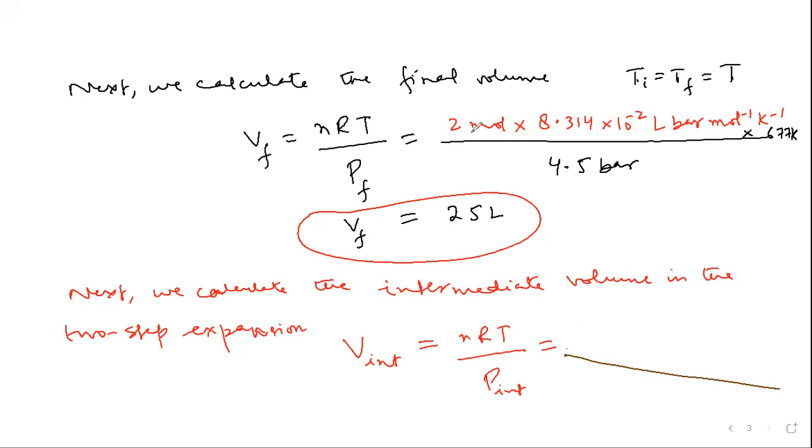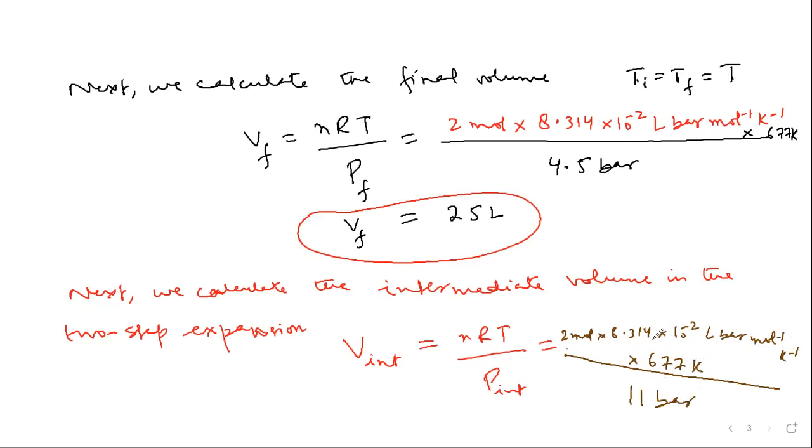So I have, actually numerator is same as this Vf. That is 2 mole, and I will reduce the font. 2 mole times 8.314 into 10 raised to minus 2 liter bar per mole per Kelvin. This nR, then you have multiplied by temperature, 677 Kelvin. Then you have to divide by the intermediate pressure, which is 11 bar, right?